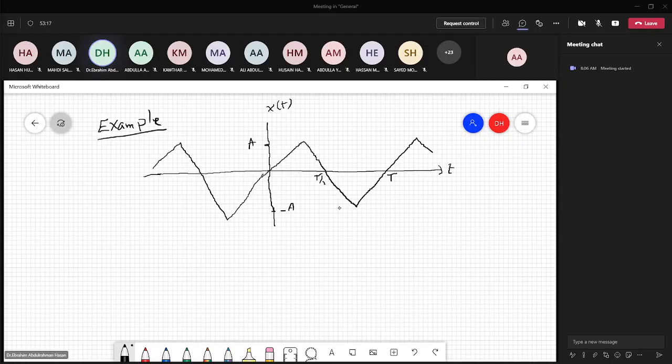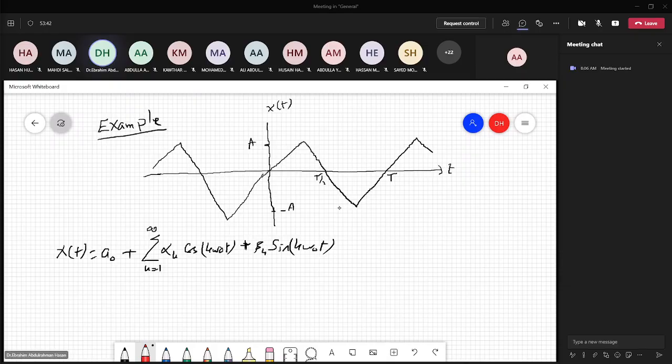Form number 2 is x of t equal to a naught plus summation of alpha k cosine k omega naught t plus beta k sine k omega naught t, k from 1 to infinity. Why am I saying this is the best?